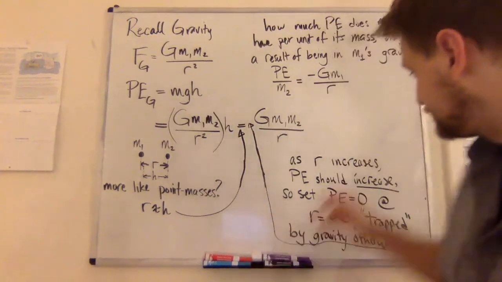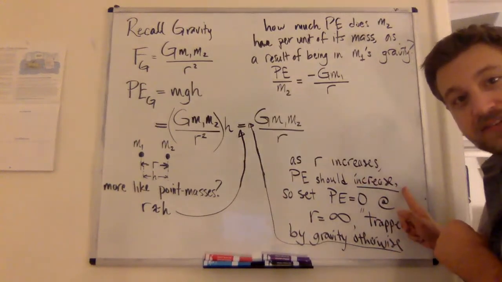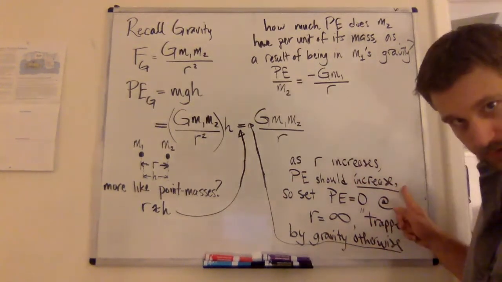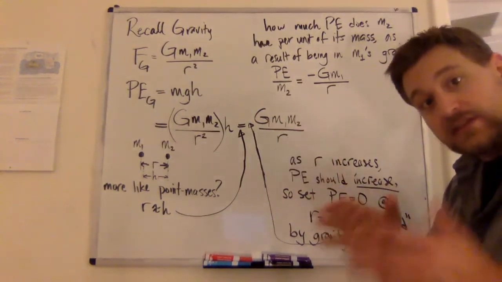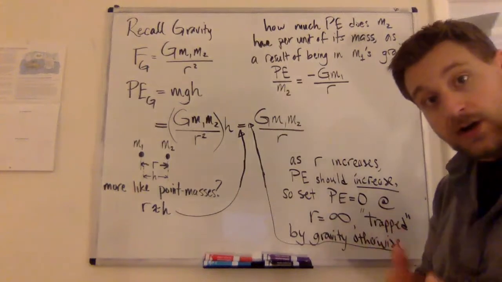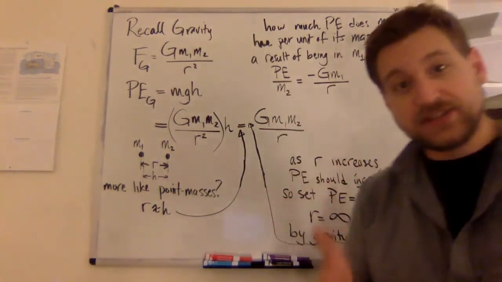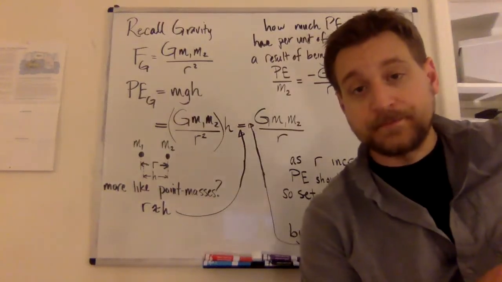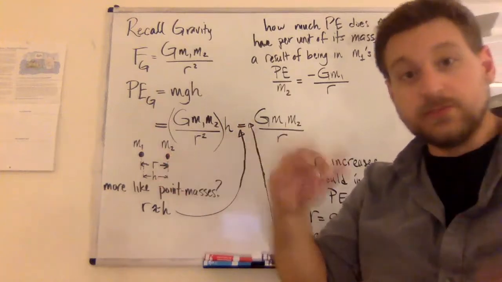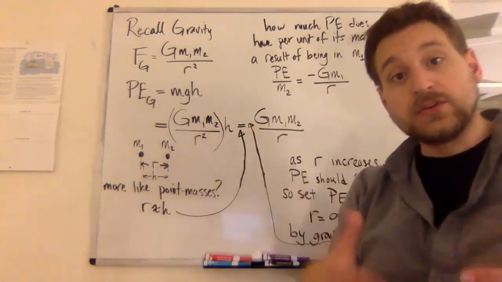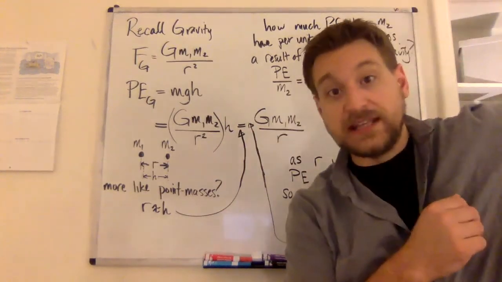Okay. As R increases, we expect potential energy to increase. So let's keep this dependence, make sure that it does vary like 1 over R. But let's set the floor for potential energy as infinitely far away. Think about the Earth and the moon or a spaceship. In order to actually escape Earth's gravity, we have to be infinitely far away.